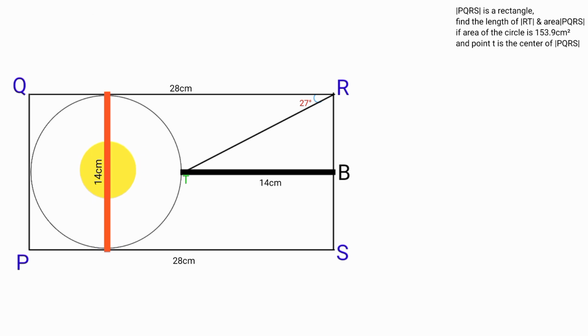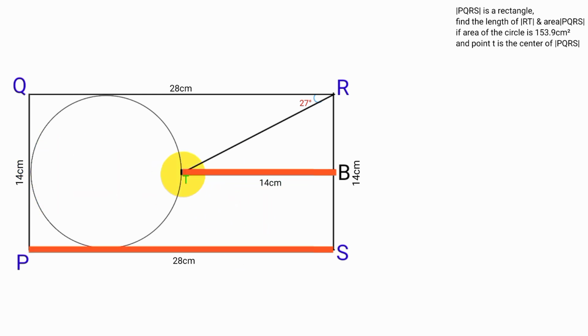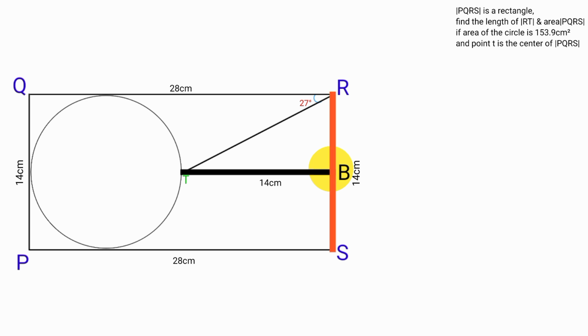Since this is parallel to this, they must also be equal in length, so this and this are 14 centimeters each as well. But recall this is parallel to this and it touches the center. That means this point B is the center of line RS, and since line RS is 14 centimeters, this must be 14 centimeters over 2, which is 7 centimeters.